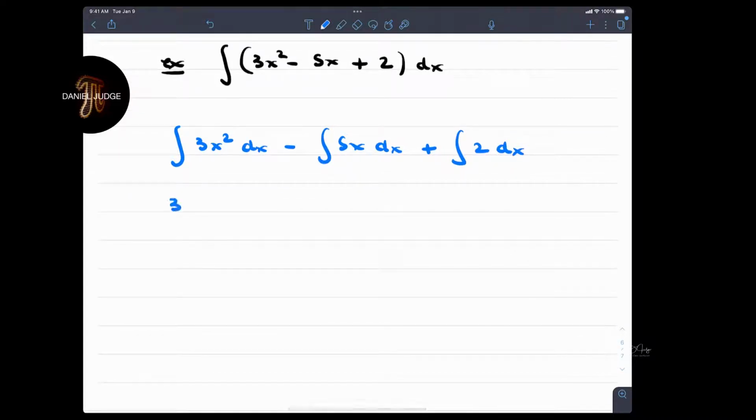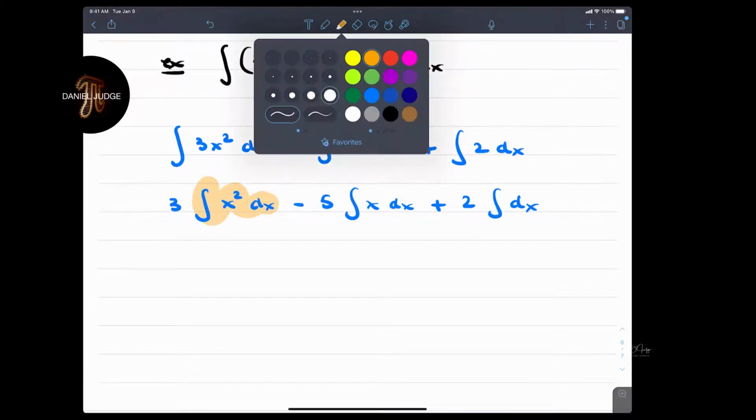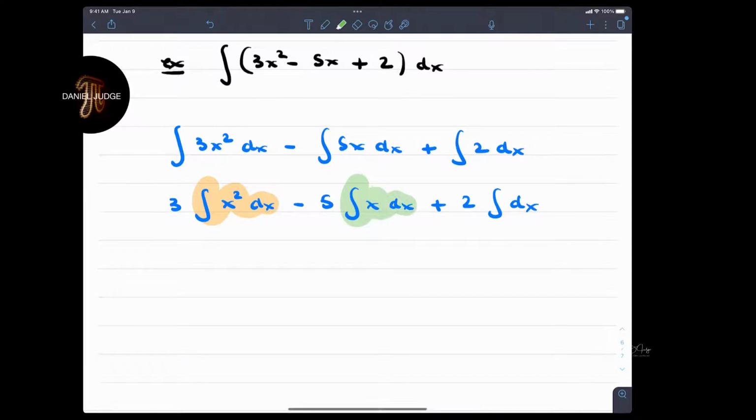Pull out your constants: 3 integral of x squared dx minus 5 integral of x dx plus 2 integral dx. Okay. So we have 3 integrals now.